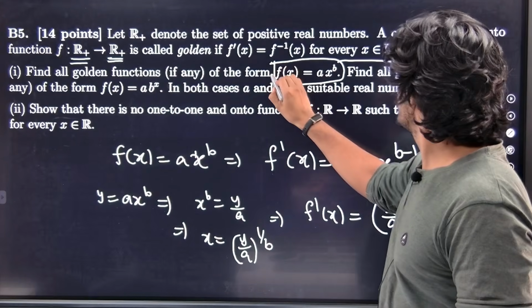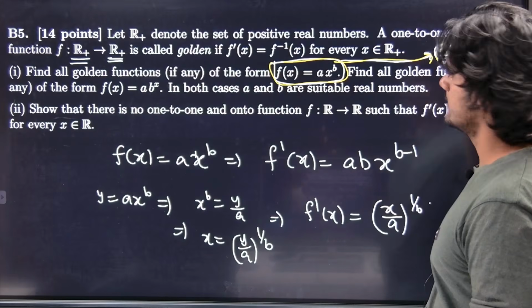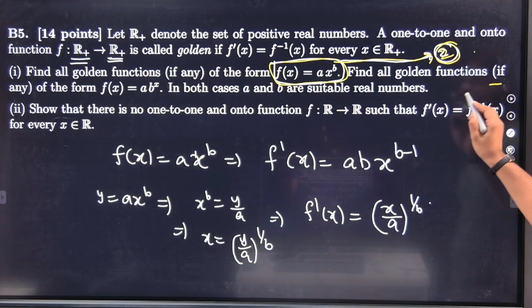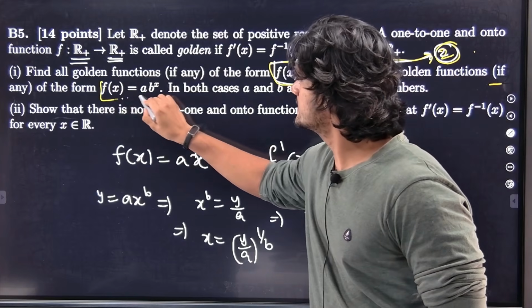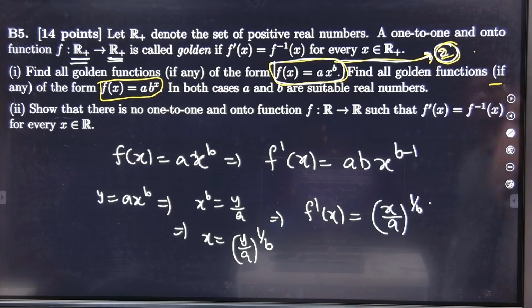I'll write in yellow. 2 golden functions. All right. So find all golden functions, if any, of this form. Is this possible? Let's see.